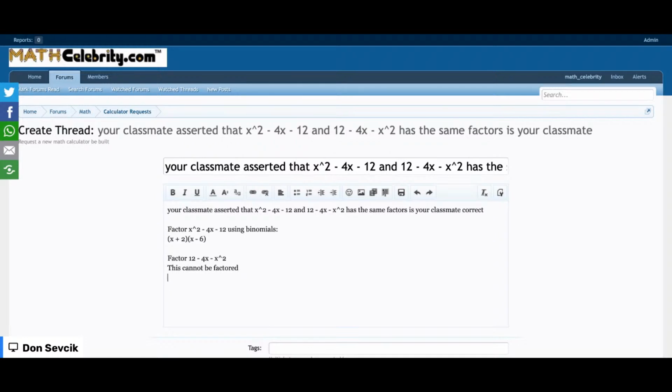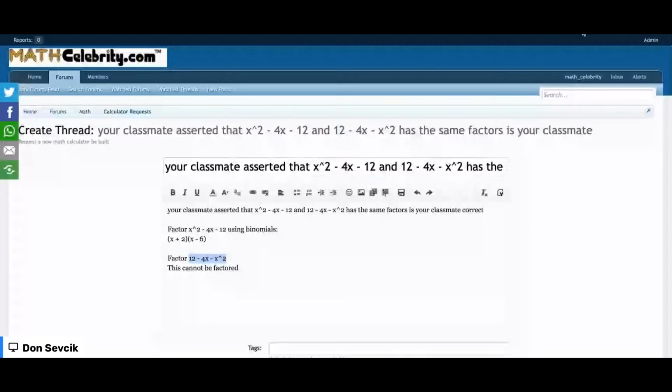If I try to do negative x plus 2, x minus 6, I get negative 12. I get negative x squared. Oh, you know what? Yeah, it can be. So I'm wrong here. If I multiply this through, I get negative x squared plus 2 plus 6. Oh, it can't be factored. Nope, because that's negative and negative positive. This cannot be factored.